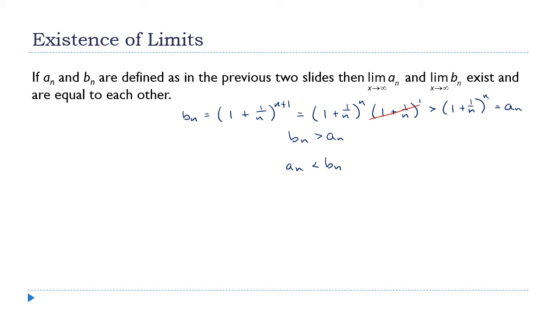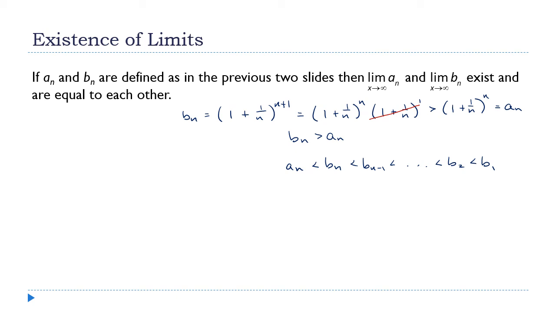b is a decreasing sequence, which means as I go to smaller indexes, these numbers are bigger. The earlier numbers in the b sequence are the bigger ones.